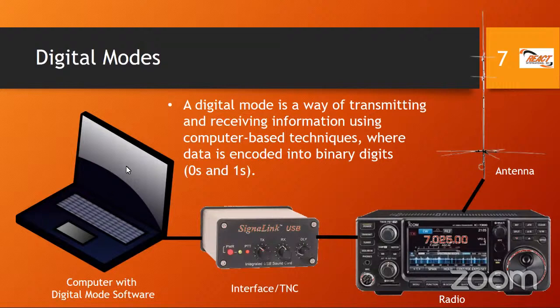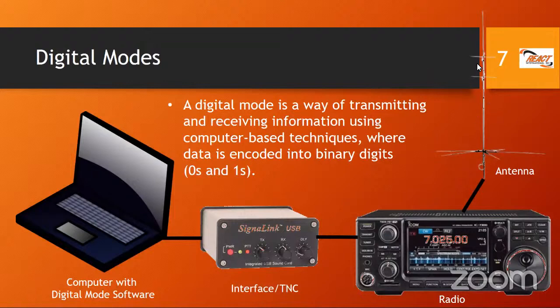The computer will modulate the signal. It will send the information across to the radio. The radio will generate the wave and impose upon it the tones generated by the computer through the interface. Then the radio will transmit that signal out to the antenna via the transmission line.